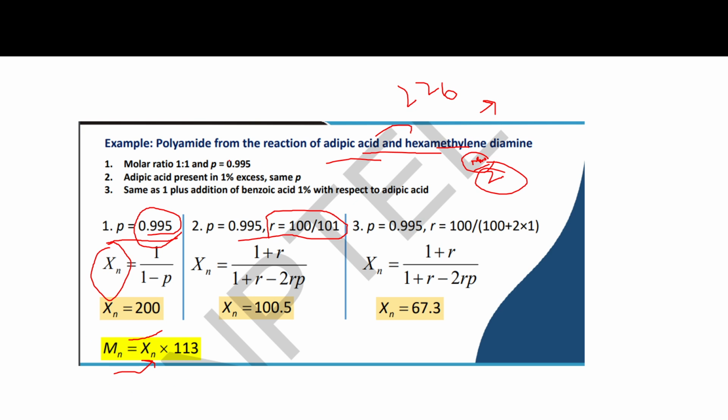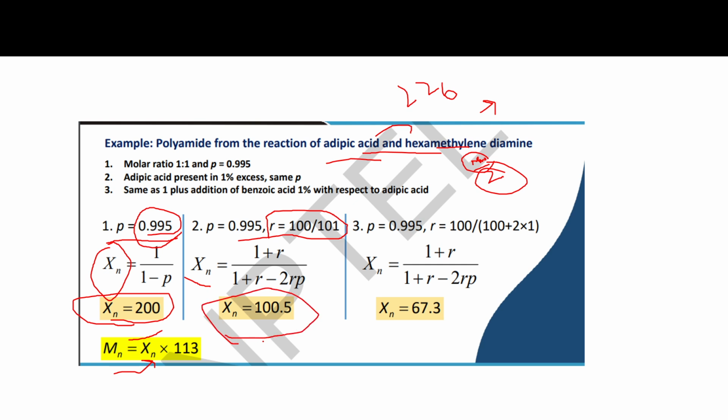Now, if you add some excess adipic acid, Carothers told us that when you do not weigh your second monomer accurately, you lose molecular weight. Earlier, when the ratio was 1 to 1, the degree of polymerization was 200, meaning 200 repeating units. But with only 1% excess adipic acid added, the equation will be completely different, and your degree of polymerization is also different.